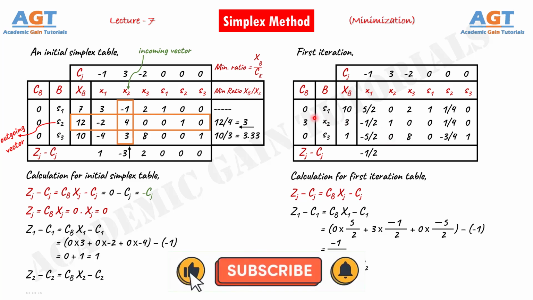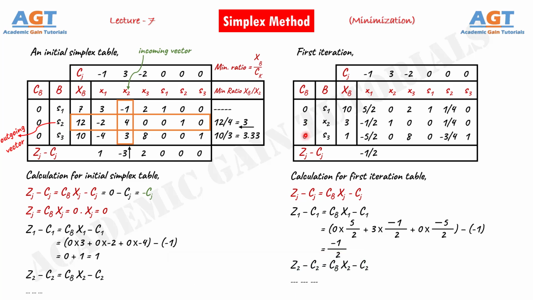For z3 minus c3, we have to multiply 0 with 2, and here also 0 multiplied with 8. The result will be 0 for both. Similarly, for calculating z5 minus c5, we have to multiply 0 with 1 by 4, and here also 0 multiplied with minus 3 by 4. The result will be 0.